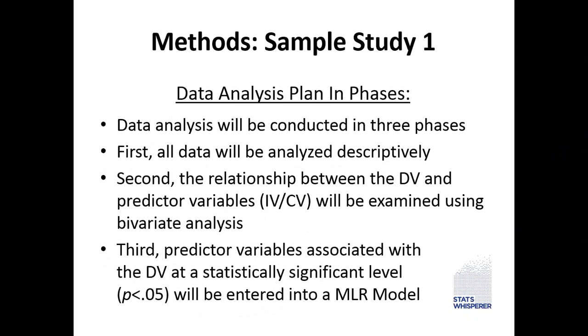Third, the predictor variables associated with the dependent variable at a statistically significant level, which is p less than 0.05, will be entered into a multiple linear regression model. So it doesn't have to be that complicated. We could say these are the 3 phases, and they could be this straightforward.